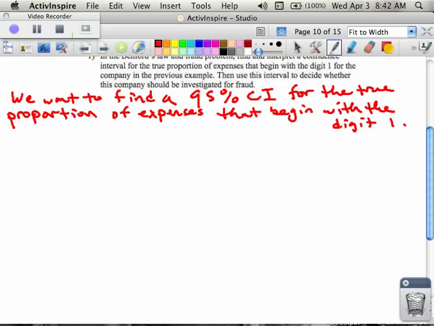So that's one of the main differences. You don't start with H0, HA, you start with your confidence interval statement.